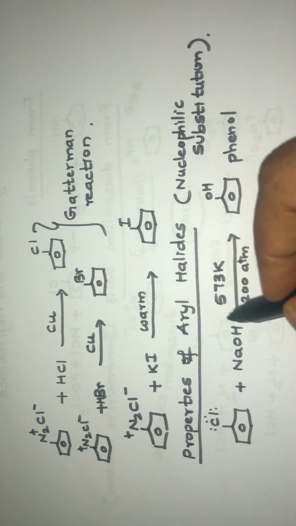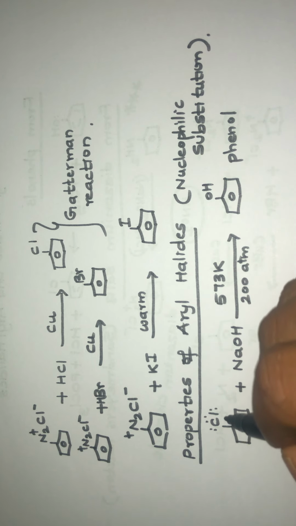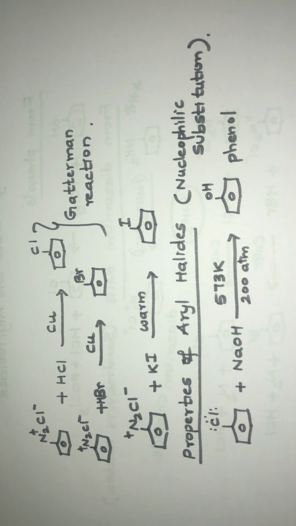So look at these conditions. This replacement of this Cl atom is not so easy. So chlorobenzene when treated with NaOH at 573 Kelvin and 200 atmospheric pressure will give you phenol.